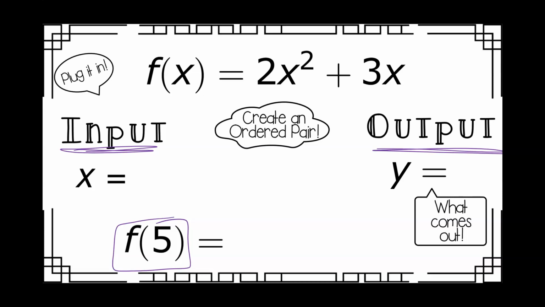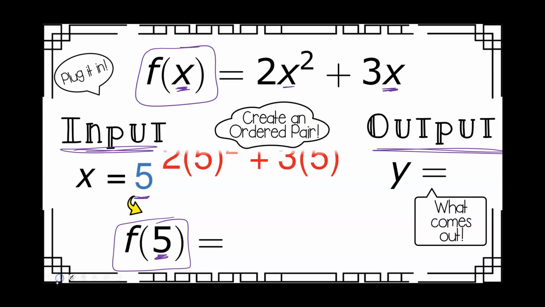But if you recall, function notation looks like this. The 5 is replacing that x. So that means I want to replace all of the x's in this function with 5, and that'll give me my output.